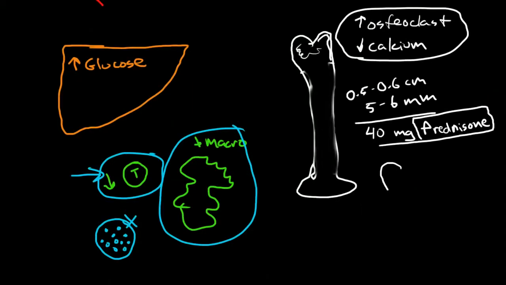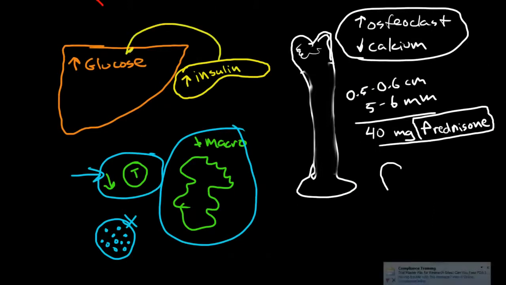Other effects, I'm going to draw next to the liver here, a little pancreas. One of the things that it does in the pancreas is affect the endocrine system by increasing insulin production, which again adds to its main effect of increasing glucose in our bloodstream.